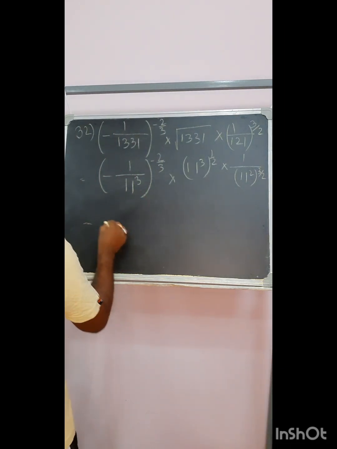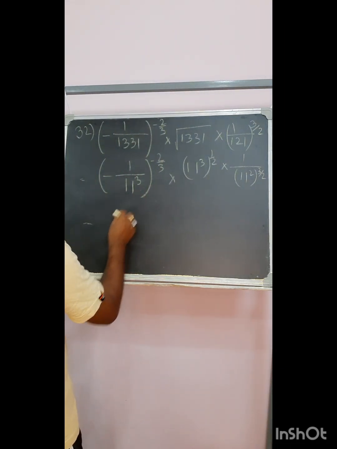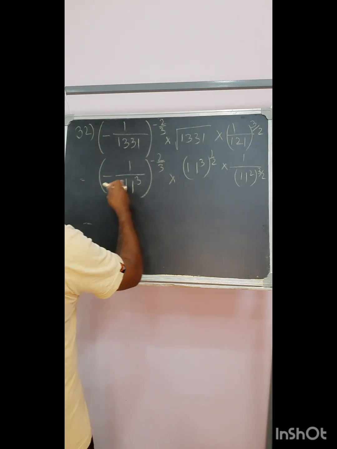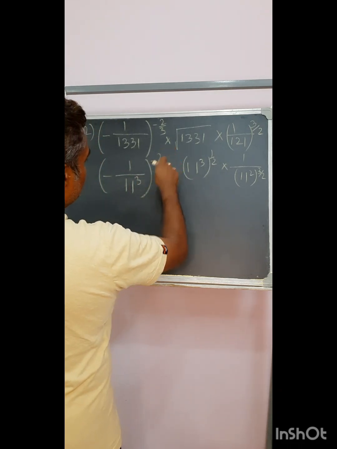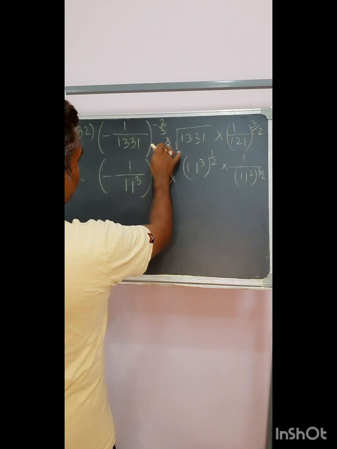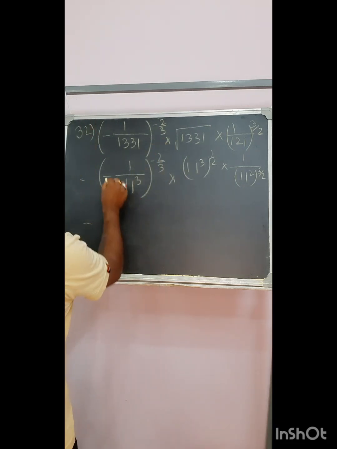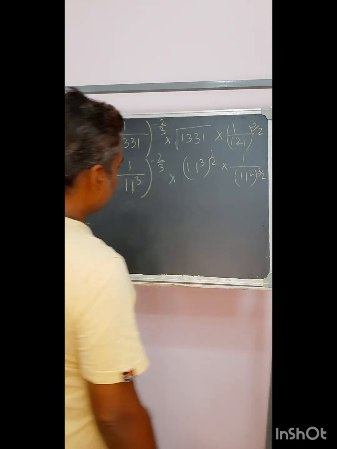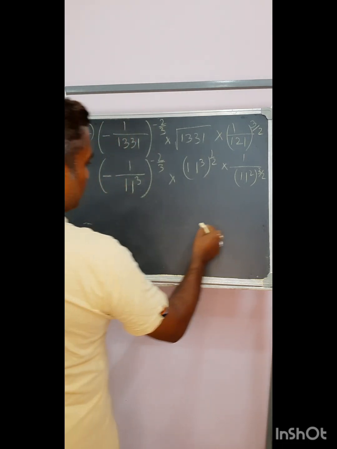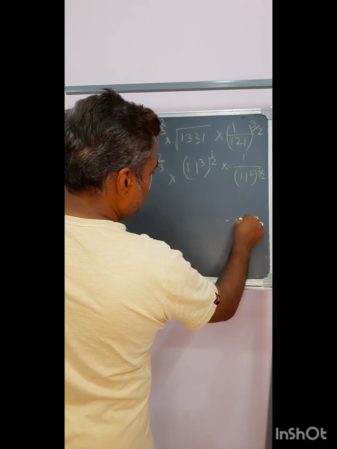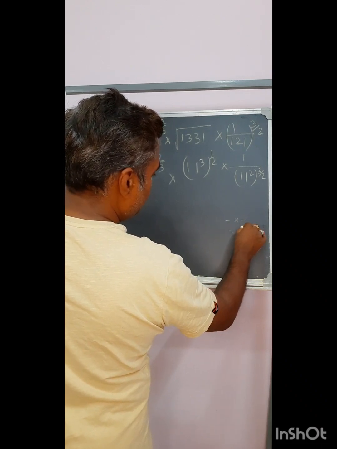So if I take all the indices together, now here you can see the minus sign due to the cube root. How will you calculate how this minus will come out? Any minus, when it is multiplied with minus, will give you plus.